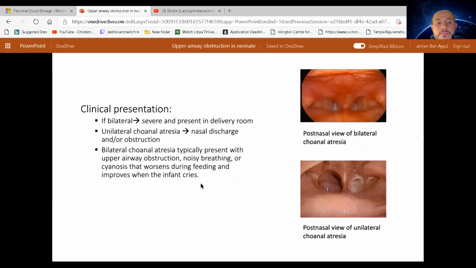Okay. How do they usually present? It depends, correct? If the baby has bilateral choanal atresia, number one, babies are obligatory nasal breathers, so they cannot breathe through the mouth unless they start crying.